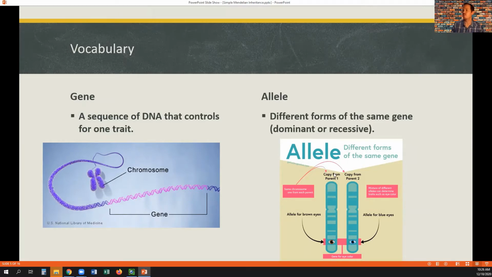And remember, you get one copy from each parent, one copy from your mom and one copy from your dad. So this allele codes for eye color. From one parent, you got the allele for brown eyes, and from the other, you got the allele for blue eyes. We'll get into this later, but that means that you would have brown eyes, but you would carry the allele for blue eyes, because blue eyes is the recessive allele.